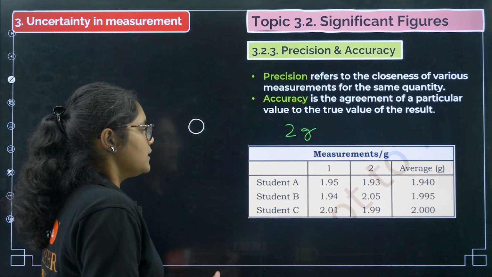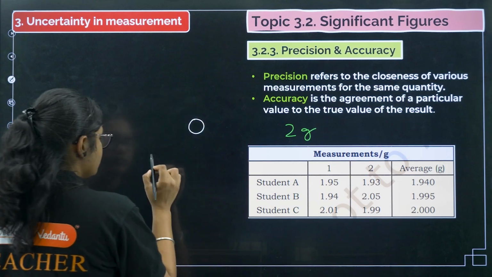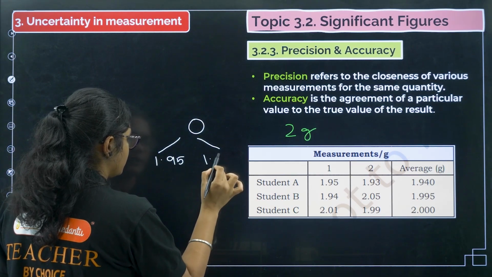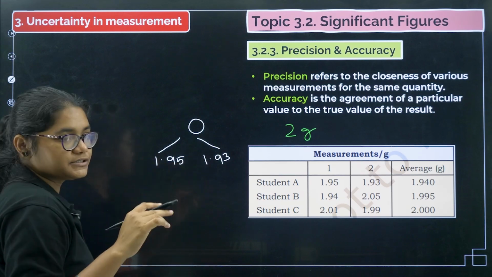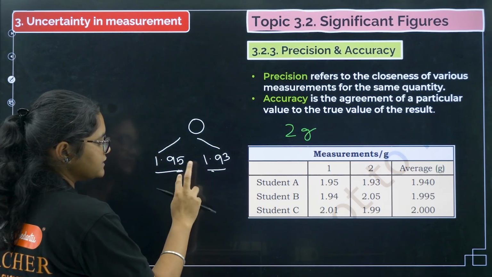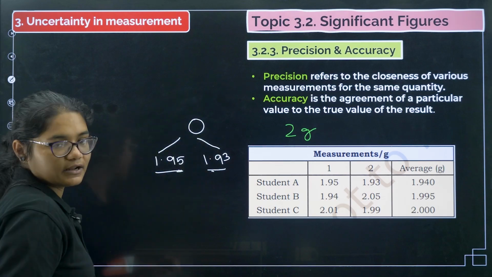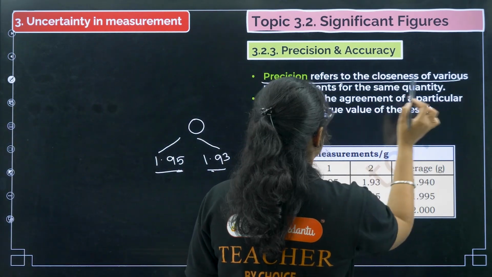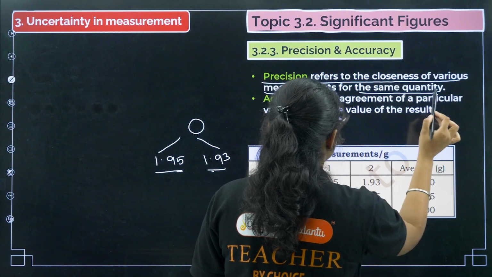So there are two things. Now you have two measurements, 1.95 and 1.93. Precision means how close the measurements are to each other. Precision refers to the closeness of various measurements for the same quantity.